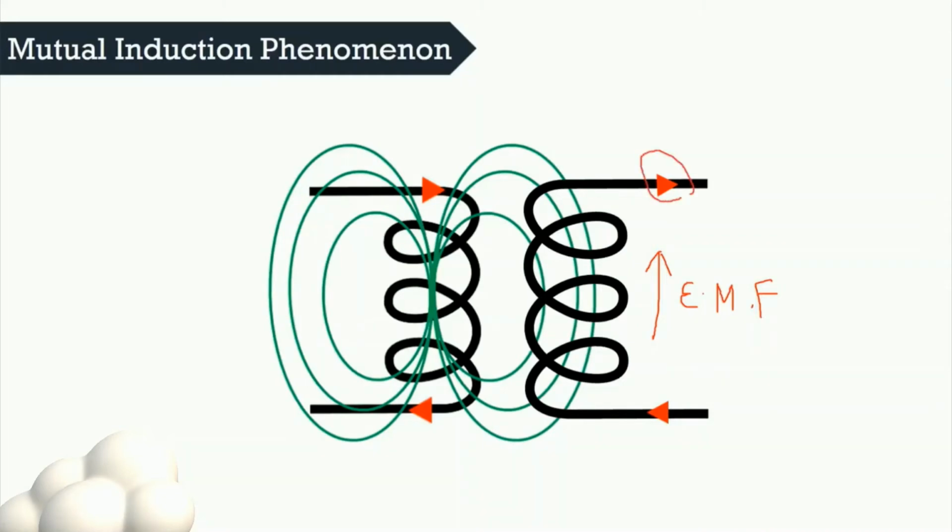When a coil is placed in that particular zone where you have a magnetic field available because of the first coil, a current will be induced in the second coil, which will produce an EMF across it. This phenomenon is called mutual inductance.